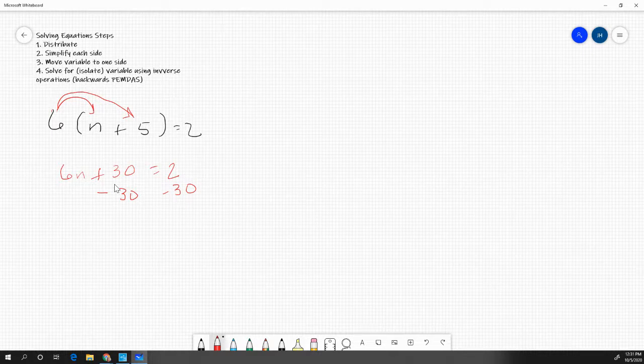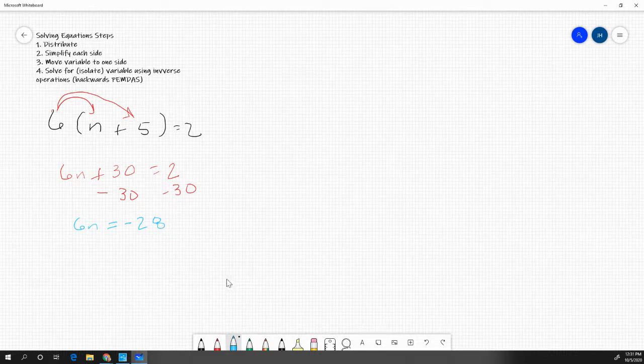And then I'm going to be left with 6n. 6n hasn't changed. 30 minus 30 is 0, which is what we wanted, right? Equals 2 minus 30, which is negative 28.